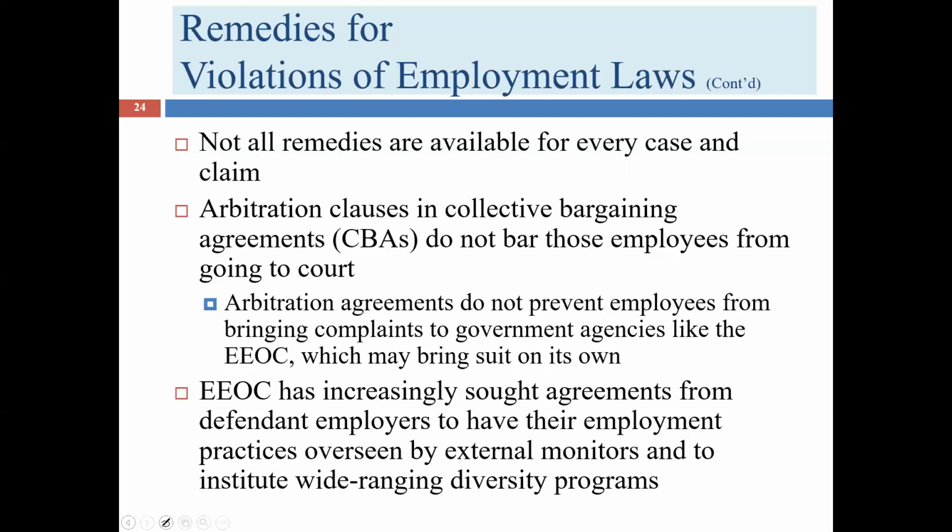Whether I have an individual arbitration agreement or there's an arbitration clause in a collective bargaining agreement, under either one of those circumstances, I can contract away my right to go to court over this dispute. But what I can't contract away is my right to go to an administrative agency to complain about discrimination. Again, this is a public good.